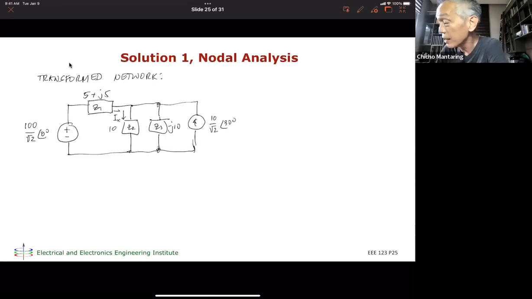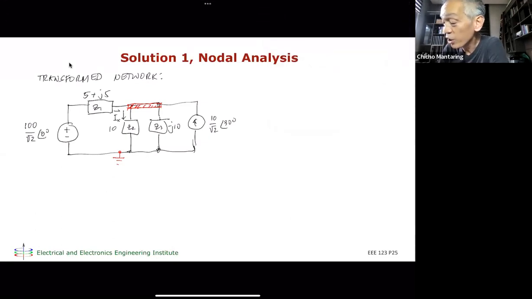So sa nodal analysis natin, let's apply KCL to this node, no? With this as our reference. Okay, so what do we want to call the voltage there? No? Let's just call this V of x. That's the voltage at this particular node.